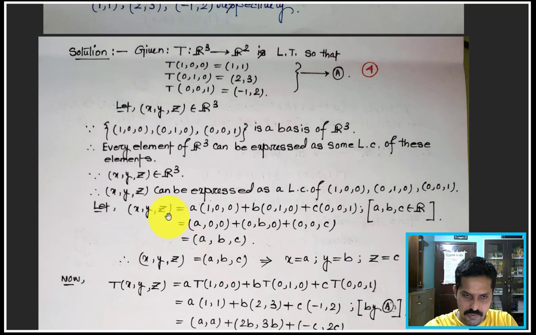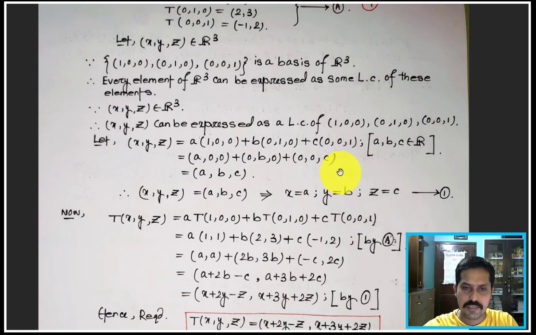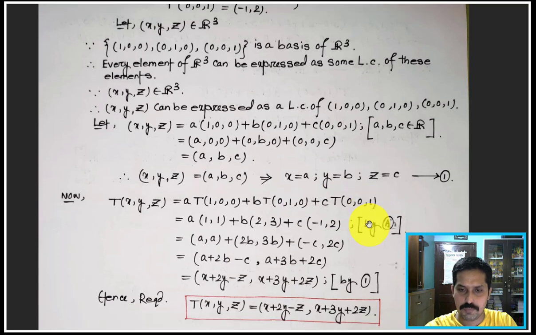So we can say x = A, y = B, z = C. Mark these equations as equation number A. Now let us apply the linear transformation on this statement. The result will be T(x, y, z) = A·T(1,0,0) + B·T(0,1,0) + C·T(0,0,1).